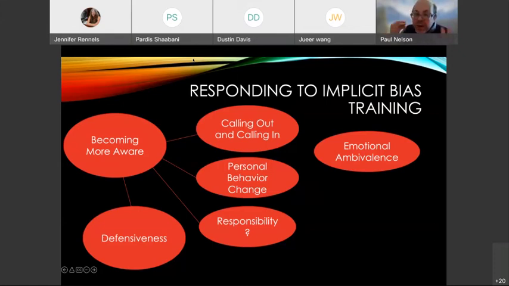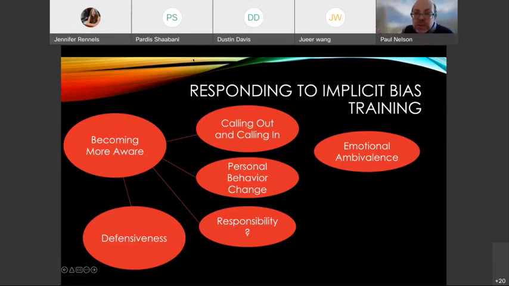However, from a leadership perspective, how would I be able to change people's emotional reaction to be more ambivalent, not just defensive in this kind of way?